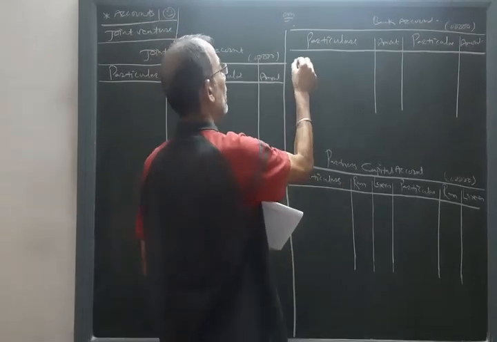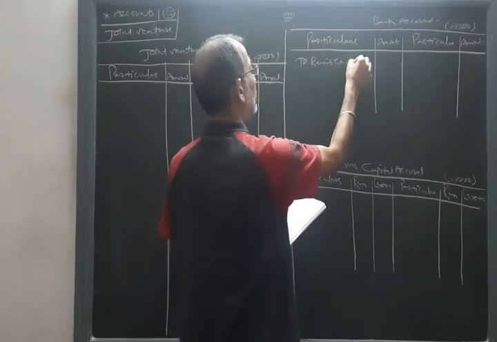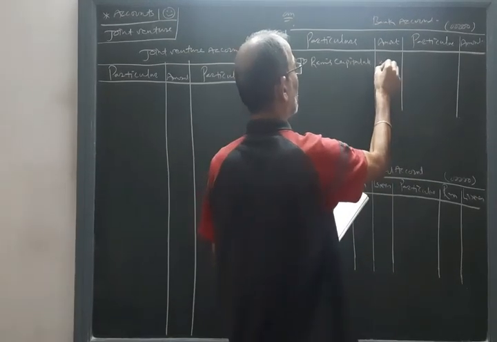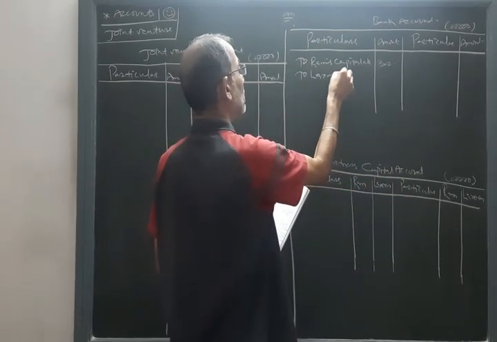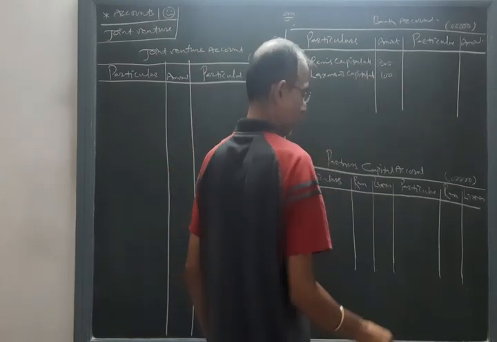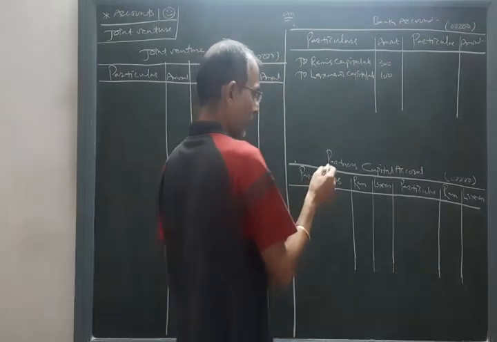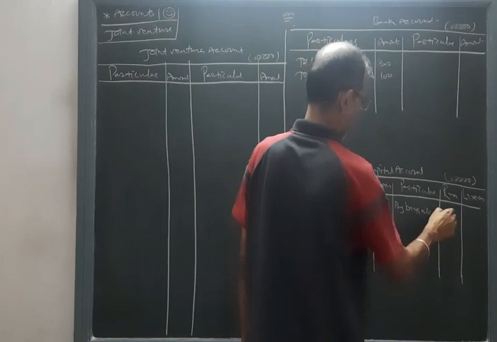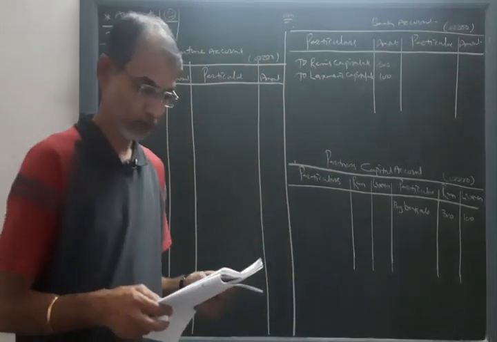So, to Ram's capital account, that will be 300, to Lakshman's capital account, that will be 100, on the debit side of the joint bank account, while on the credit side of the capital account, by bank account, in Ram's column 300, while in Lakshman's column 100.